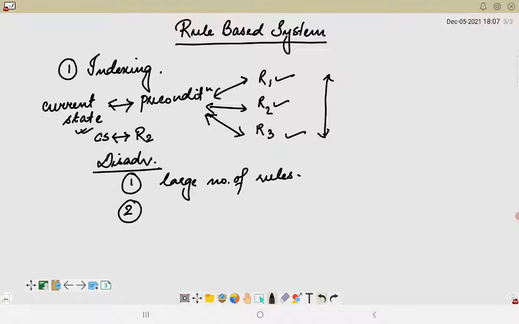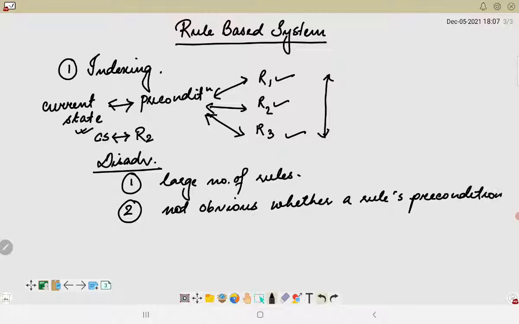So it is not very clear whether a rule's preconditions are satisfied by a particular state. So these two are the disadvantages which could come up due to the indexing process.